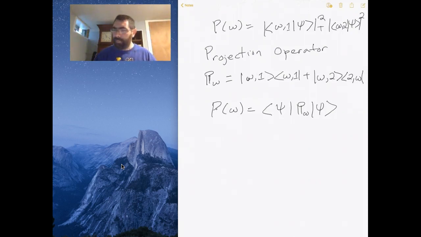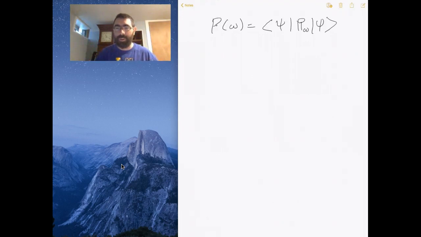Okay. Another complication that we have to worry about is the fact that what we're going to deal with are not discrete states, but continuous states. So another way of saying it is that this eigenvalue problem is continuous.